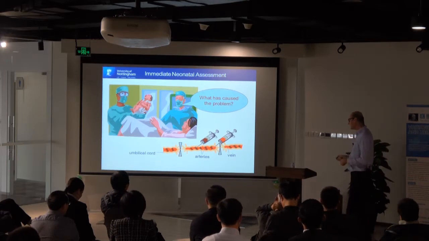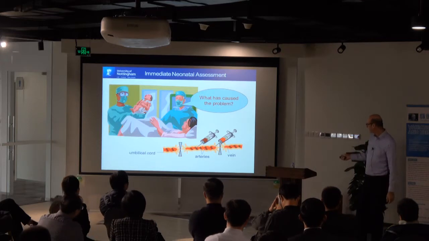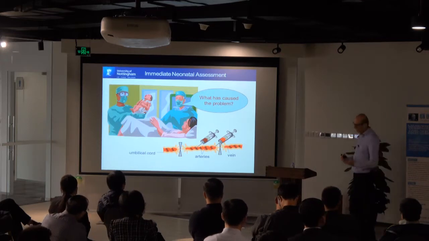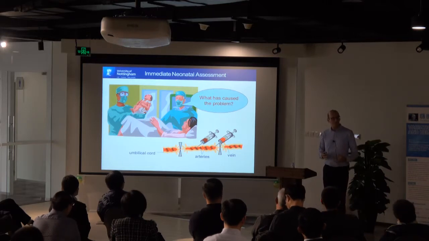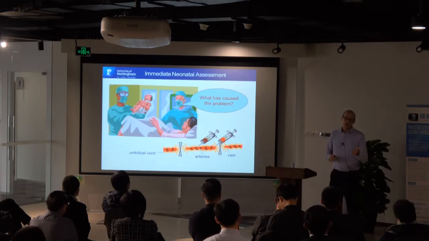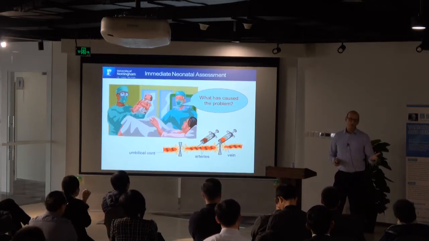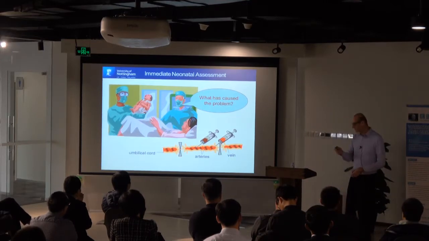You stick a syringe in, take this blood into syringes and put them into what's called a blood gas machine. The blood gas machine tells us the oxygen levels and the carbon dioxide levels of the blood. And from that, we're going to tell how sick the baby is.